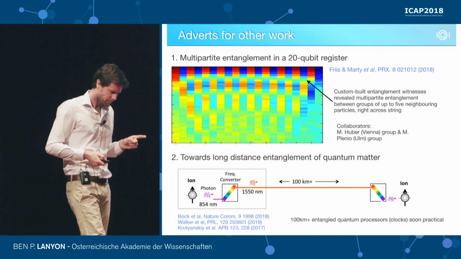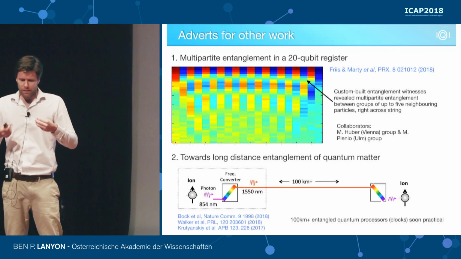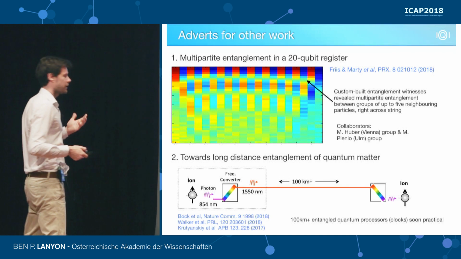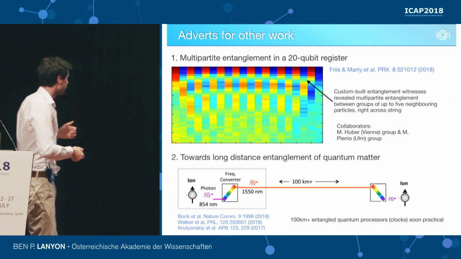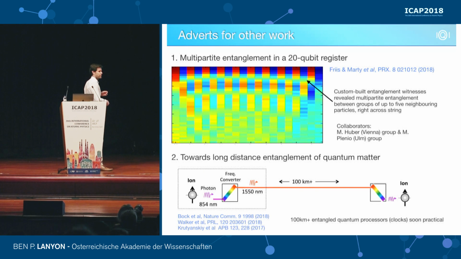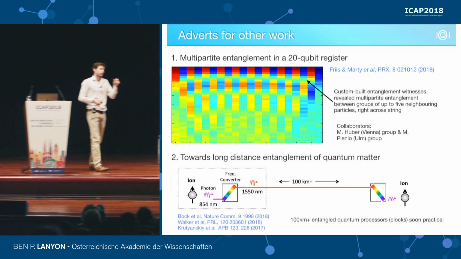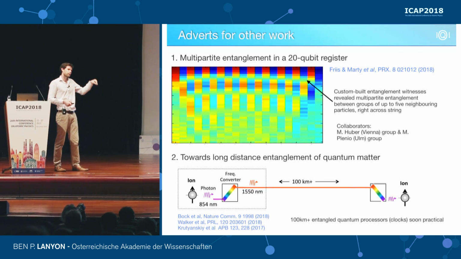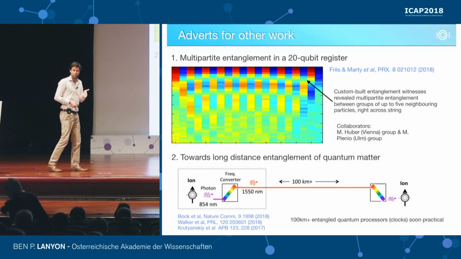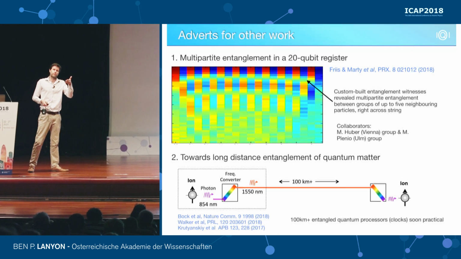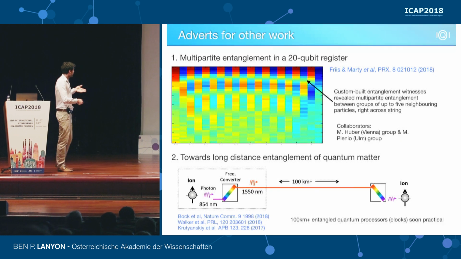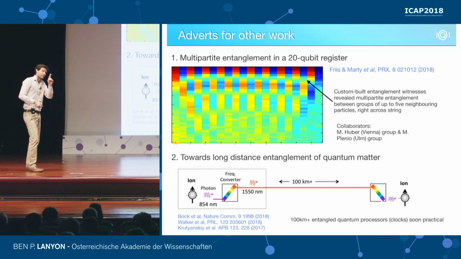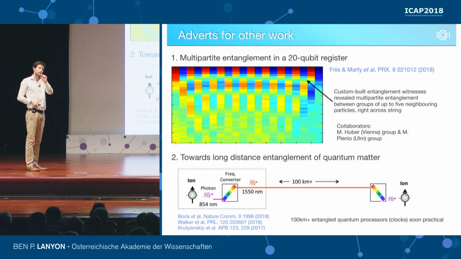And last, on a different topic, both in our previous work and recent work in Innsbruck, combined with recent work from other groups, it seems fairly clear now that it is possible, or will soon be possible, to take near deterministically a photon that's emitted by one of these calcium-40 spins, that is entangled via polarization with one of these spins and connected to it in a quantum correlated way, and to near deterministically extract that photon using cavity QED techniques, and to take that photon and convert its frequency to the telecom band, and at the same time preserve the entanglement between light and matter.